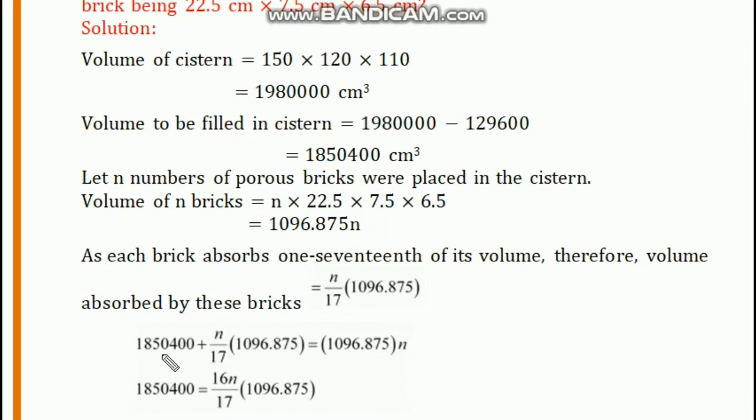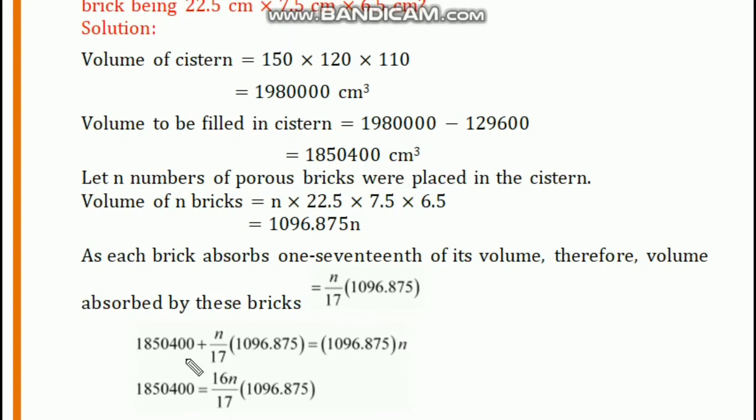According to the condition, we know that the volume to be filled in the cistern or the tank, plus 1/17 of the volume of the n bricks, which is the volume of water absorbed by the bricks, is equal to the volume of n bricks.